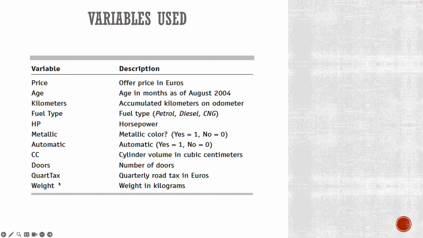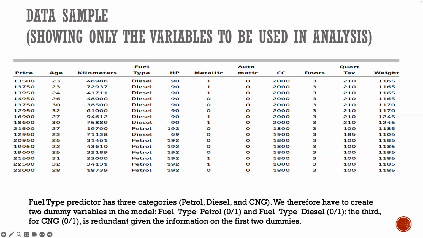And this is an external characteristic, right? This is not based on a car-specific variable, but is an external factor that could influence the price of the product. And then weight, which is in kilograms. This data sample is just giving you a snapshot of how the data looks. For each price, you have different age and all those things.